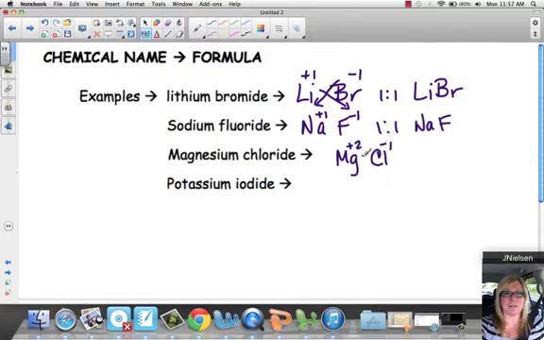So when we drop and cross here, the 2 comes down by the chlorine. We don't write the 1, so it's just MgCl2. Remember, bend and snap, drop and cross. Potassium is K, iodine is I, +1, -1, so this is a 1-to-1. We don't have to do anything, and it's simply KI.